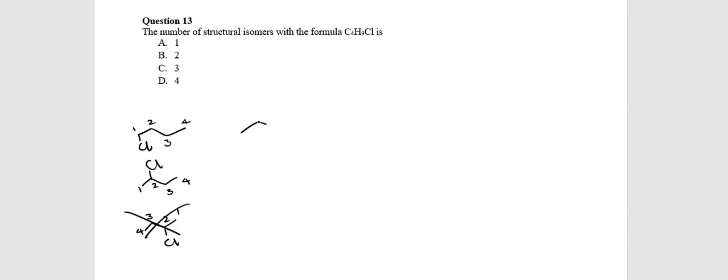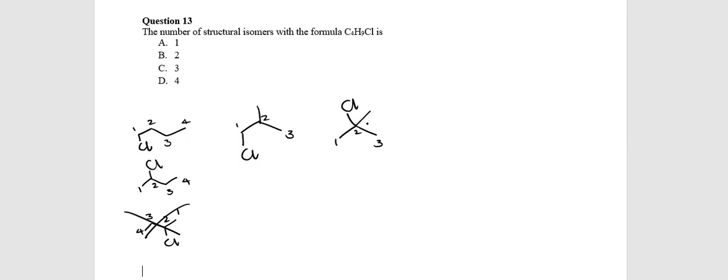So what I tend to do now is move on from the longest chain of 4 to a longest chain of 3. And obviously, if you have a longest chain of 3, the last carbon has to come from the middle as a branch. So you have a CH3 branch here. I'm going to put the Cl out here, so it can come out of the first carbon, or you can have both the Cl and the CH3 branch coming out of the second carbon.